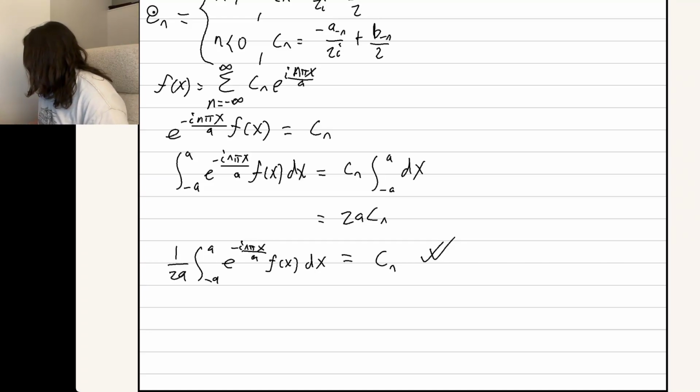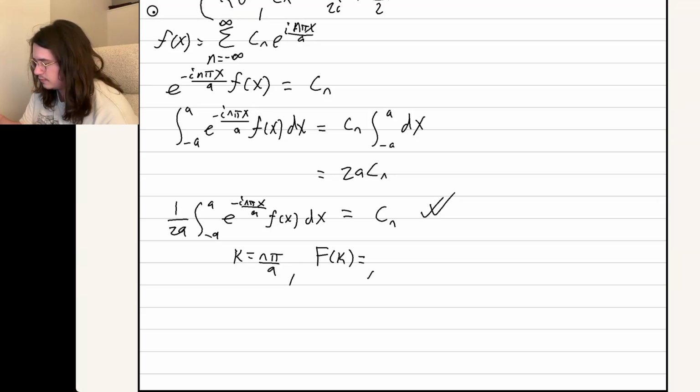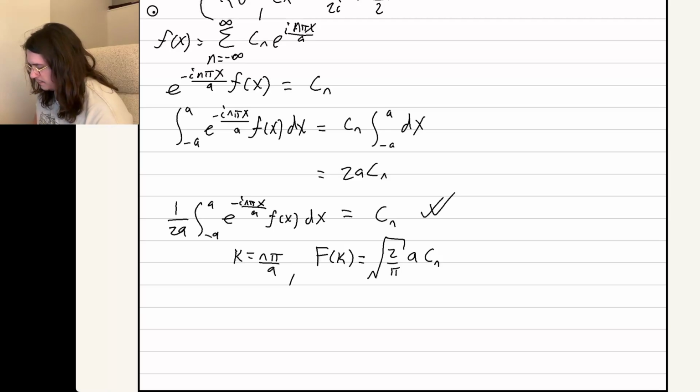The next thing the problem asks you to do is to make some coordinate transformations. Particularly, you're changing n via this equation, defining k as n pi over a. And you're changing Cn using this equation, that capital F of k is equal to the square root of 2 over pi times a Cn, right?